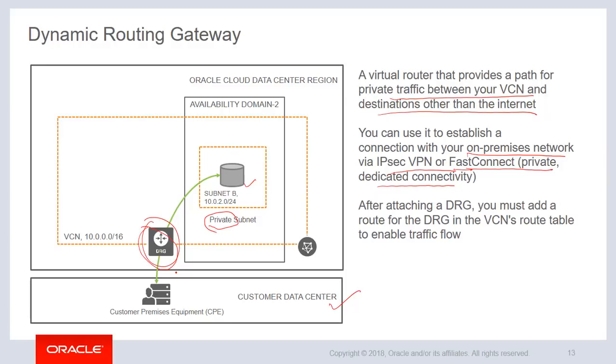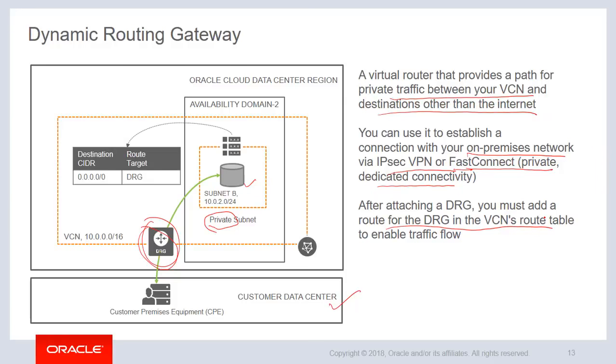Now, when you create a DRG, you must add a route, as we have been seeing for the other gateways, to enable traffic flow. So same thing as earlier, now you have a route table here. All the traffic going outside the VCN, and you specify the route target as the DRG. In some cases, you might have a private network here, so this might get replaced with your own on-premises network.